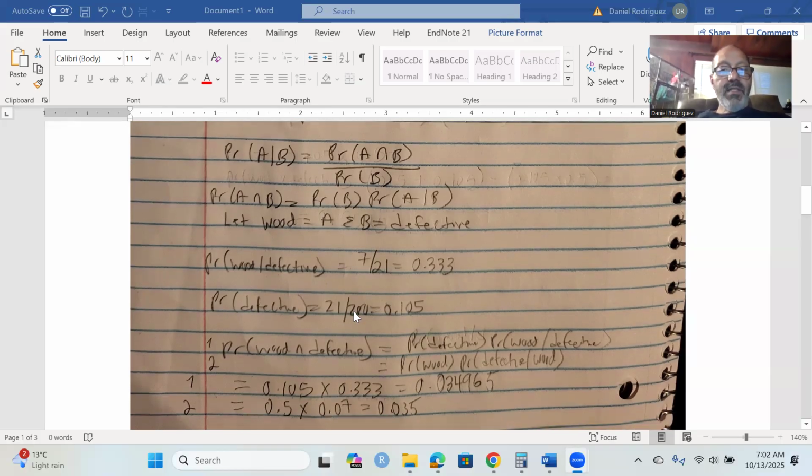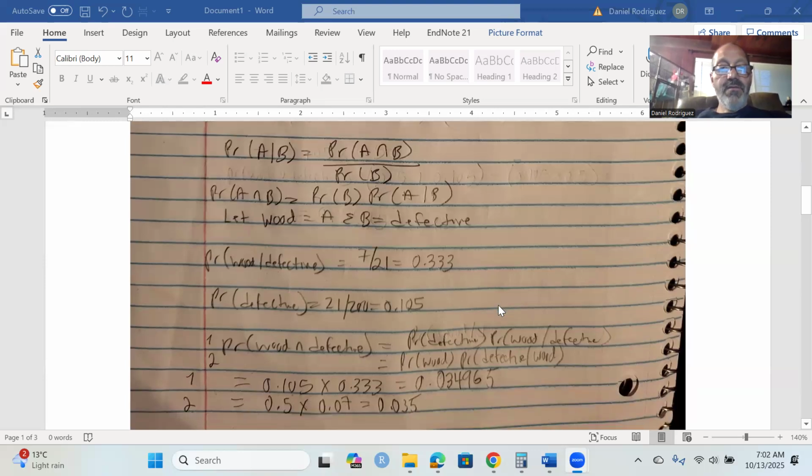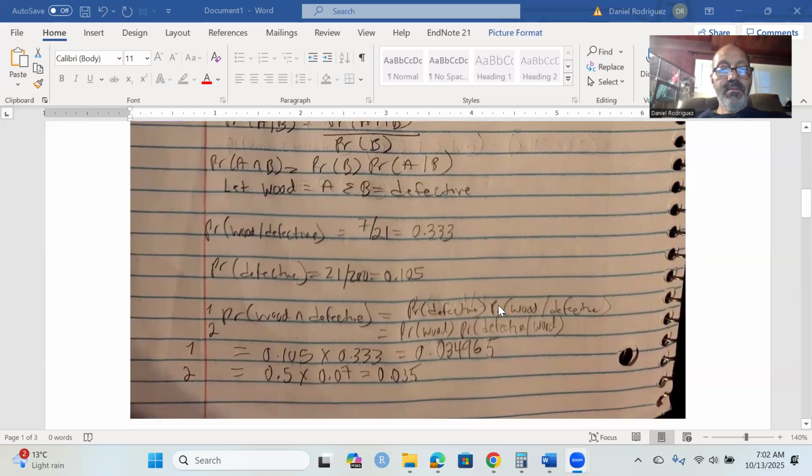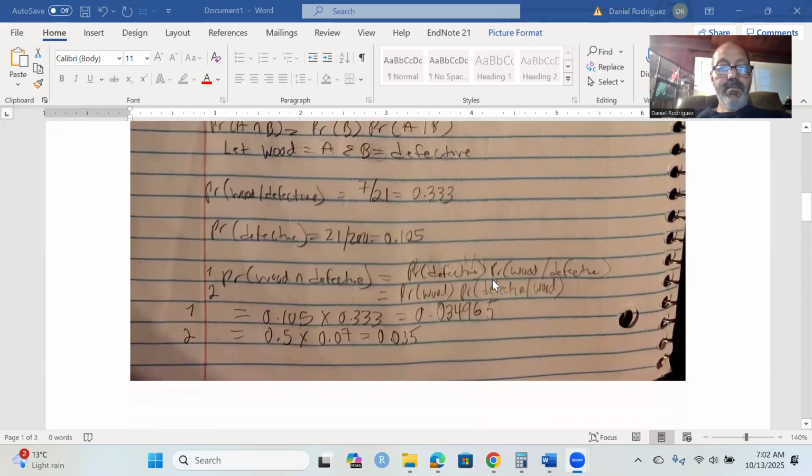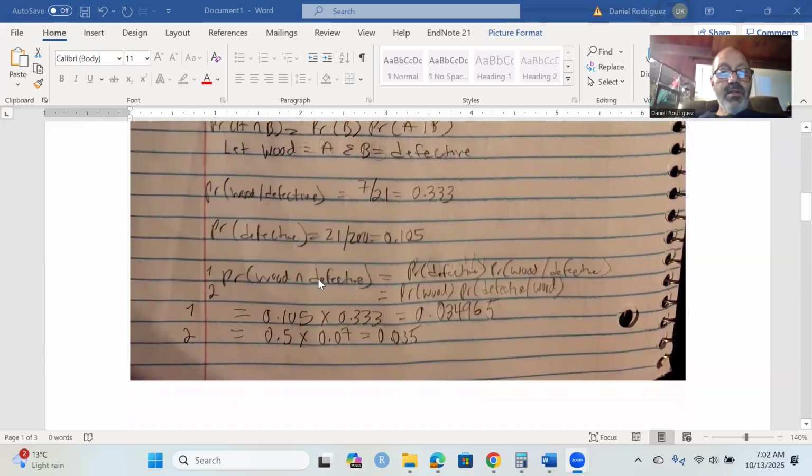The probability of being defective, there were 21 out of 200 defectives, it's 0.105. All right, that's what we got. So what's the probability of being wood and defective using the equation? We have the probability of being defective times the probability of being wood given defective.